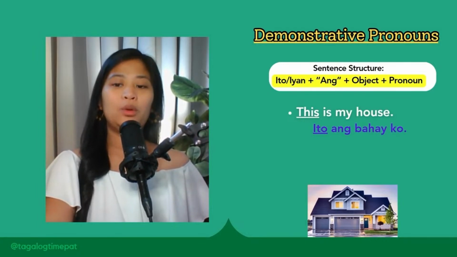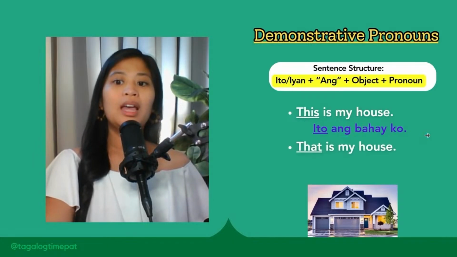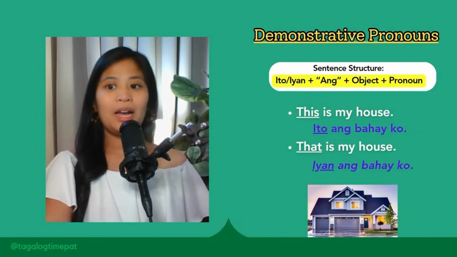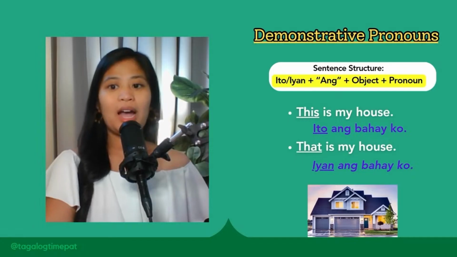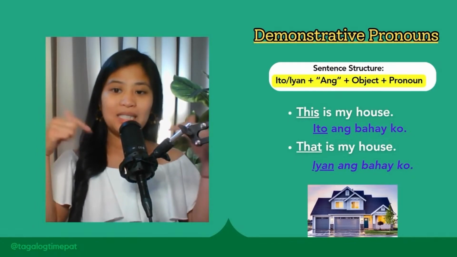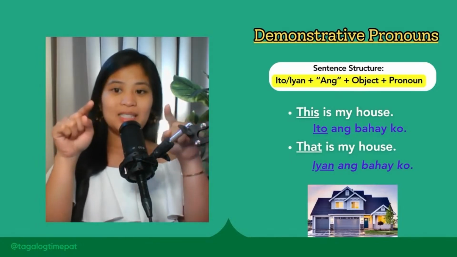So ito goes first, then it's the word ang, then it's bahay, and then it's the pronoun. That is my house would be iyan ang bahay ko. So ito means this. Iyan means that.